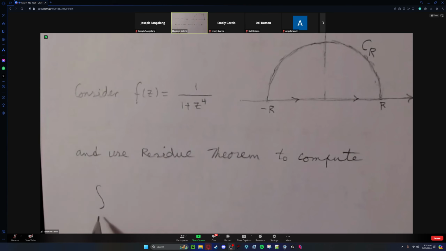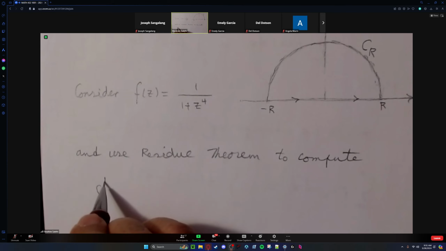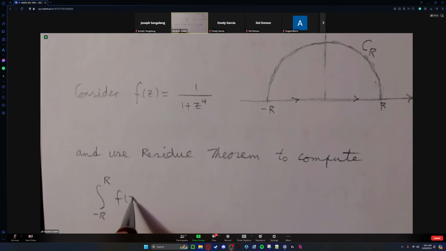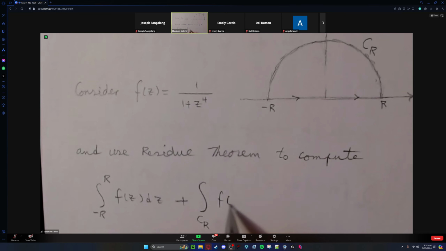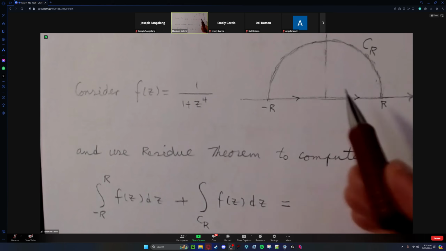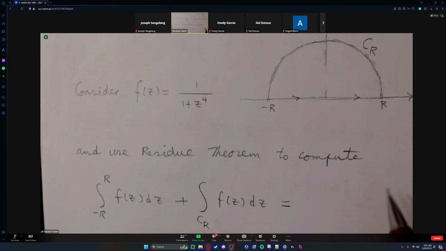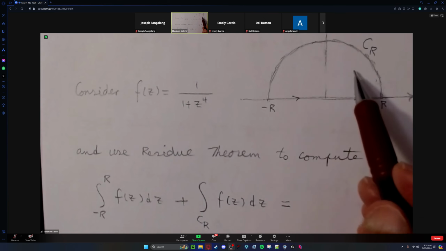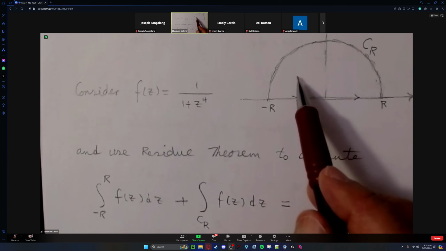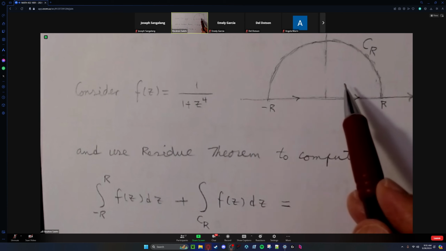One is from negative R to R, f of z dz, plus the other one, over CR, f of z dz, is going to be on the right-hand side, using the residue theorem, 2 pi i times the residues at the bad points of the function that are inside this contour, inside this, all right?